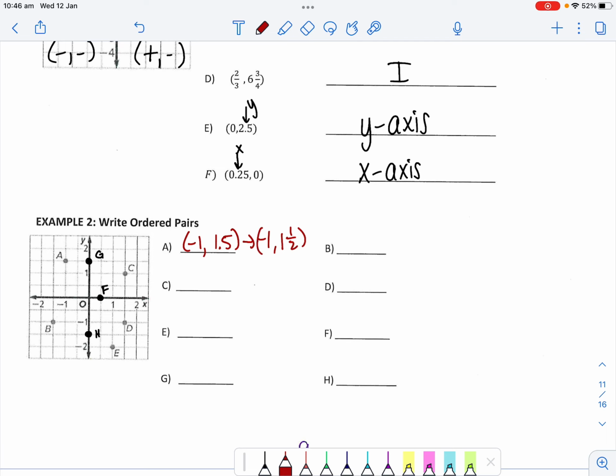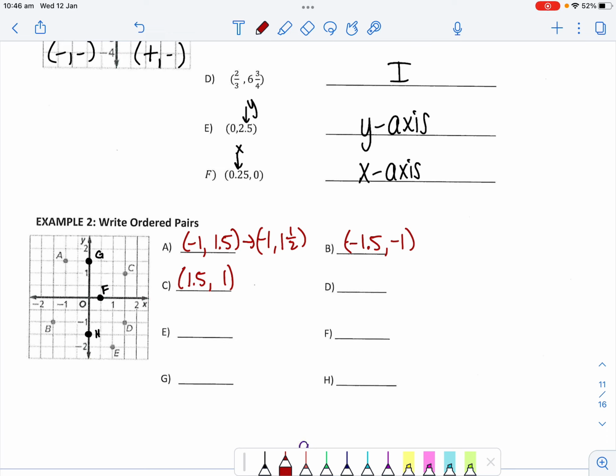For part B, I'm at negative 1 1/2, so negative 1.5, negative 1. For C, I'm at positive 1.5, 1. So I went to the right 1.5 and then up 1. So every other box is going to be 1, so the points in between are halves.